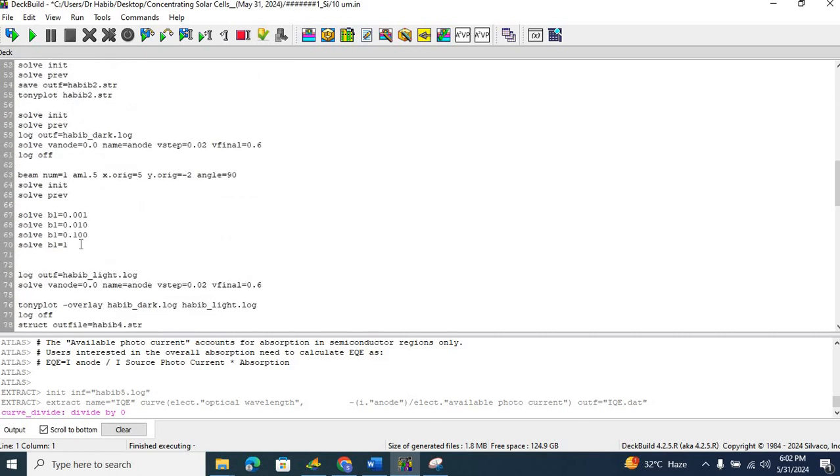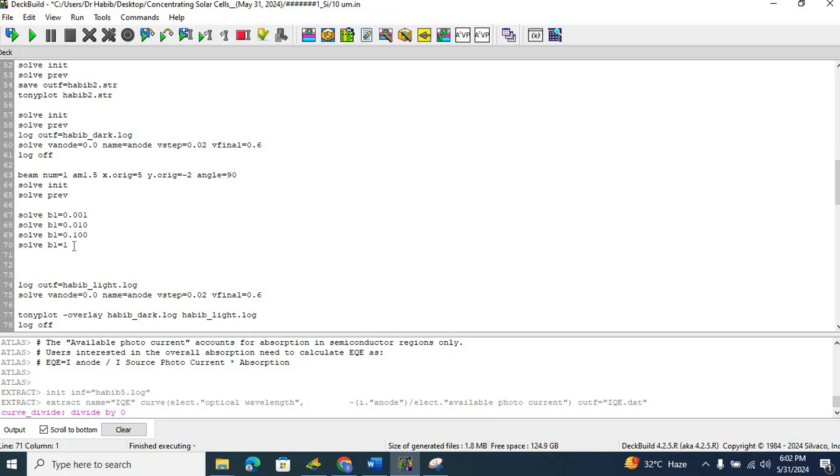So I go to this section of the code, and here, as I already told you, we ramp the intensity from 1 watt per meter square to 10 watts to 100 watts and finally to 1 sun, which corresponds to 1 kilowatt per meter square. Now for 2 suns, we introduce this line, sol B1 is equal to 2, which makes it a concentrated solar cell.